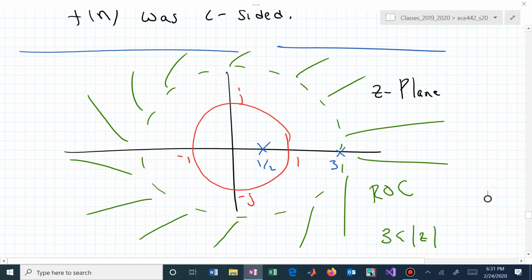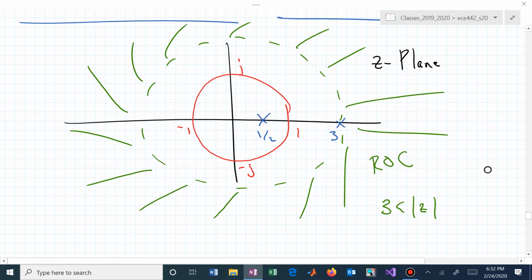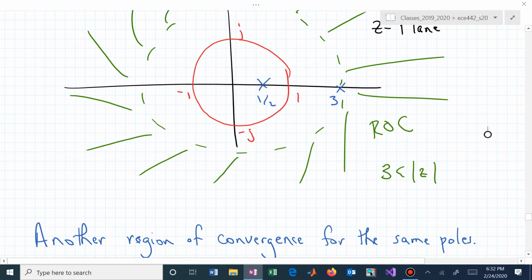We have the entire z-plane, except now we've drilled out this void in our z-plane, and we no longer include anything less than 3. Everything else in the z-plane is in our region of convergence. So this is another region of convergence for the same pole pairs.